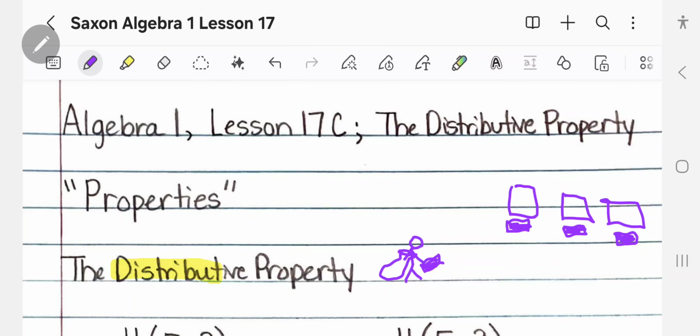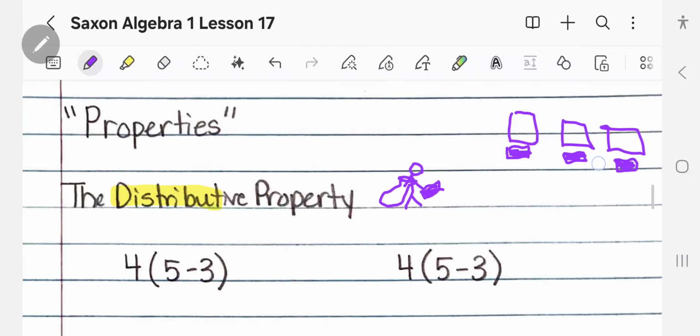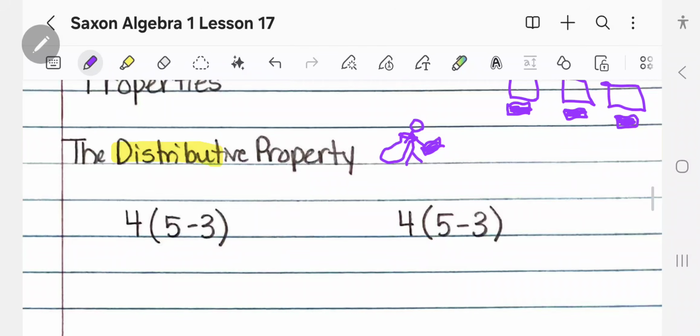He is distributing the newspaper to each house. Kind of an old idea, I guess, right? Well, he needs to make sure he sends one to every house who's a subscriber. It's important that you take it to every subscriber. Well, that idea can be used to remember the distributive property in math.